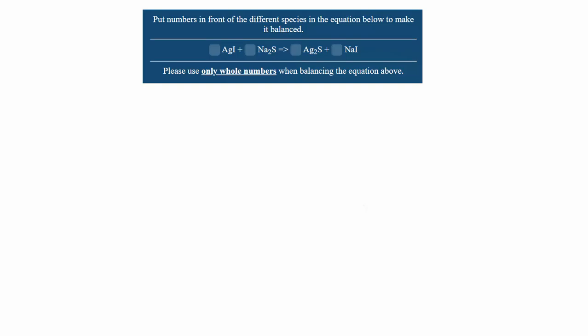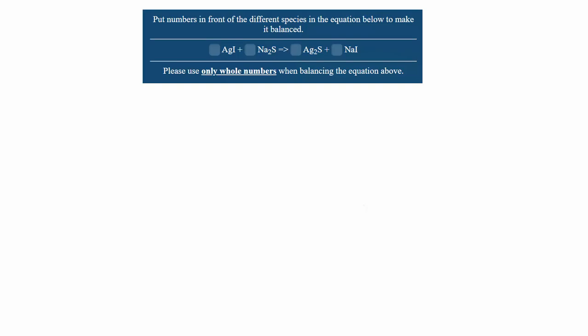This reaction is basically a precipitation reaction. The Ag₂S is not soluble, so overall it's a precipitation reaction, but we're going to focus on just the balancing aspect of this rather than the reactivity, right?